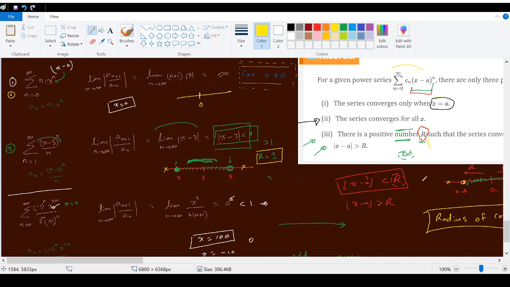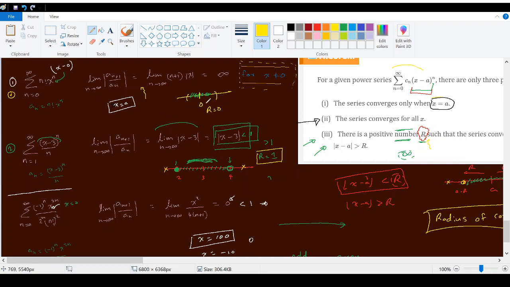So if we try to implement this idea of the radius in here, then if we have a certain radius, it should definitely have some numbers inside that interval, so that for all these numbers the series should converge. But here we already proved that it does not have any other number other than 0. So here what we can say is the radius is equal to 0.